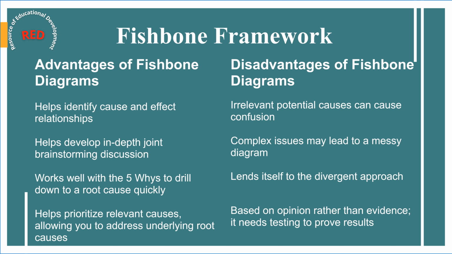Disadvantages of fishbone diagrams. Number 1. Irrelevant potential causes can cause confusion. Number 2. Complex issues may lead to a messy diagram. Number 3. Lends itself to the divergent approach. Number 4. Based on opinion rather than evidence, it needs testing to prove results.